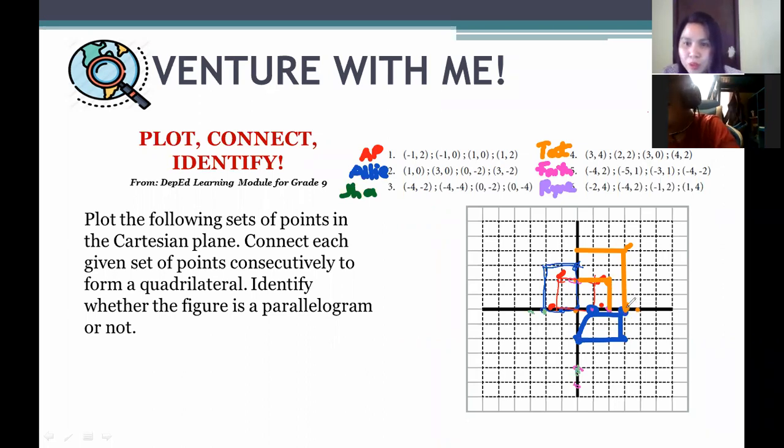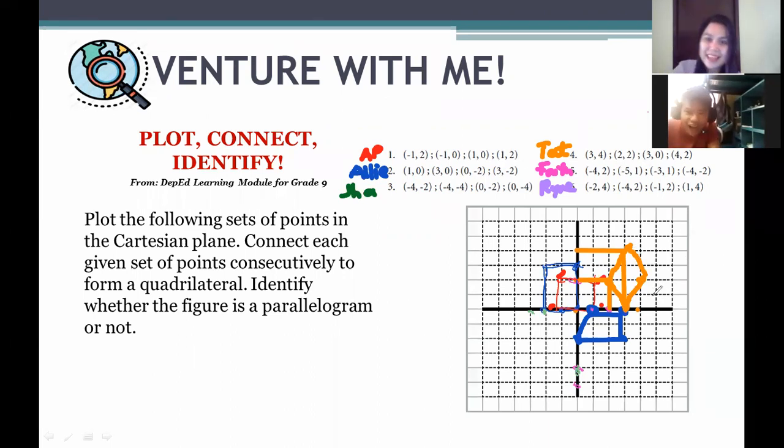Next, 4, 2. Okay, this one is 4, 2. Let me connect now, Tatiana. This is the one: 1, 2, 3, 4. There. Is it a parallelogram? Actually, yes, it is a parallelogram.